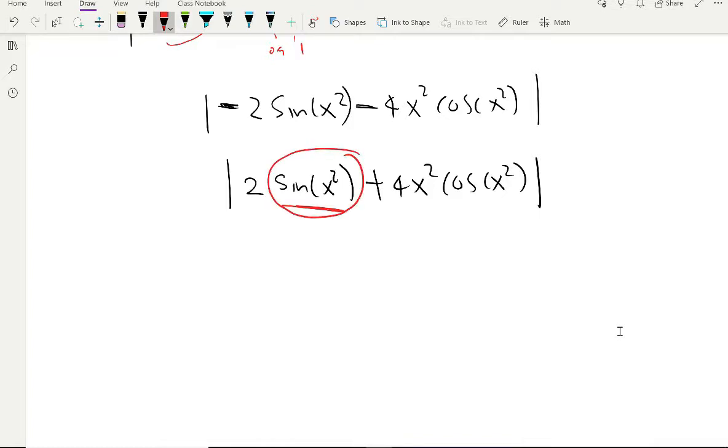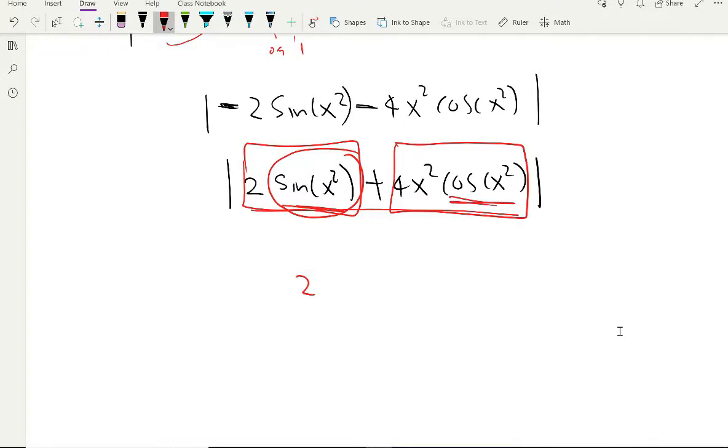Now I'm going to look at this whole expression term by term. First I'm looking at 2 times sine x square. Sine x square, the maximum it can get is 1, no matter what x value. So 2 times 1 is 2. That's the maximum that can happen from this term. Now if you look at this term, cosine x square, the maximum it can get is actually 1.